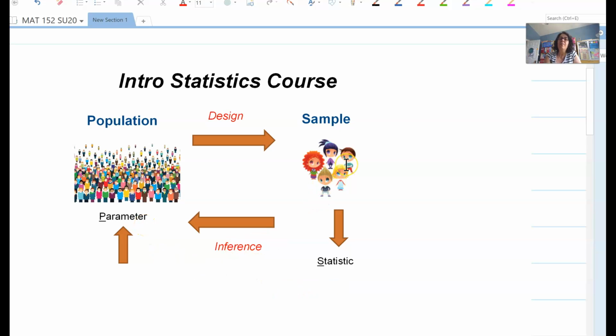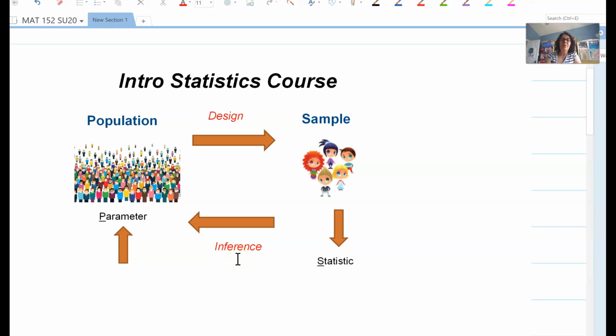By looking at the sample mean, we will try to talk about the population mean. By looking at the sample median, we will try to talk about the population median. So we will be making statements about the parameter by using these statistics. We call this process inference, and we will hit inference in Unit 3.